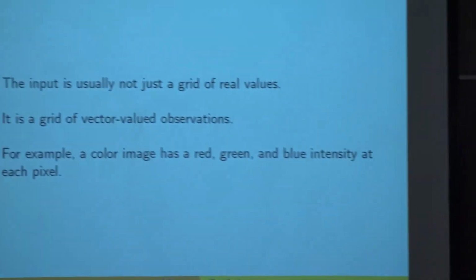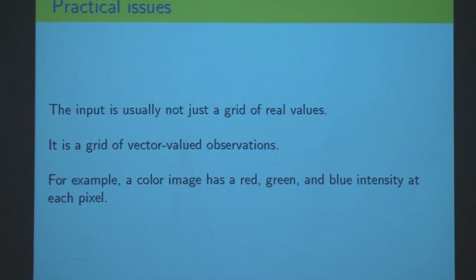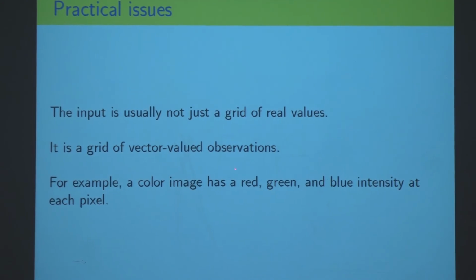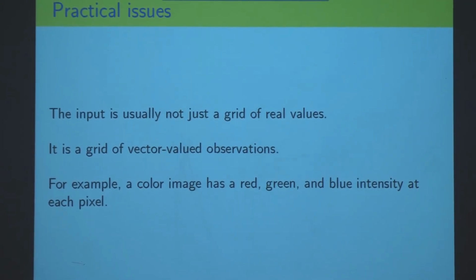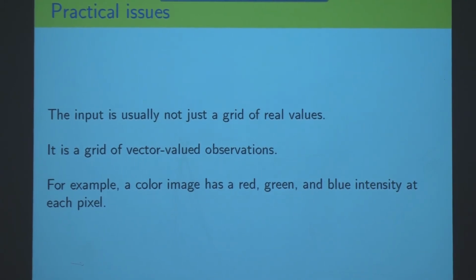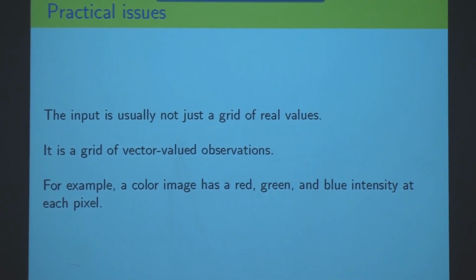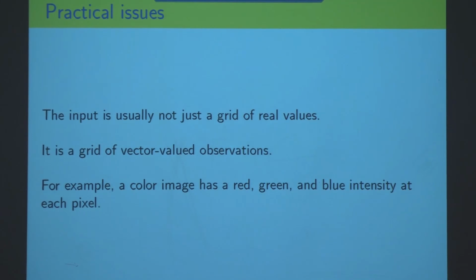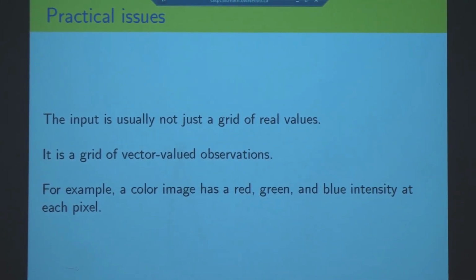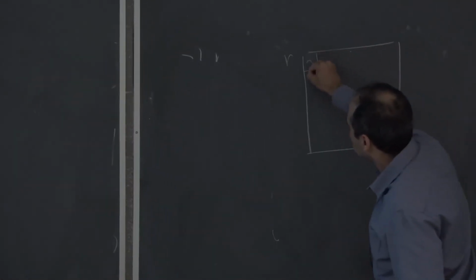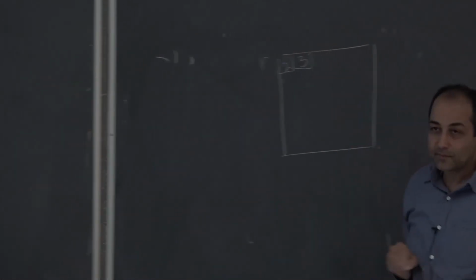Okay. So some practical issues: the input of the network is not usually just a grid of real values. In the examples that we had, it was a grid of real values, like an image. This is 2, this is 3.